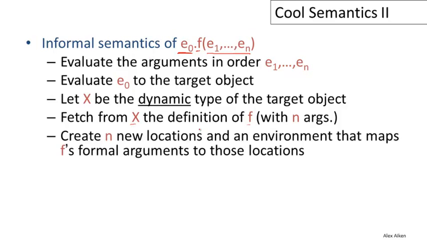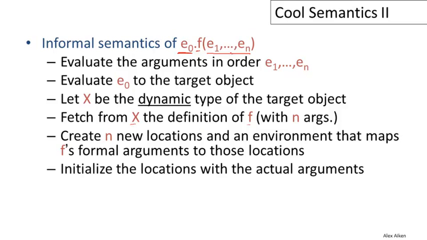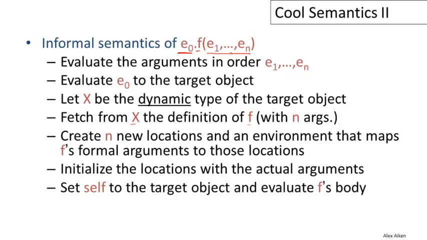Then we're going to create new locations and an environment for the call. So we're going to set up n new locations for the actual parameters. We're going to initialize those locations with the actual arguments. We're going to set self to be the target object, and then we're going to evaluate the body of f.